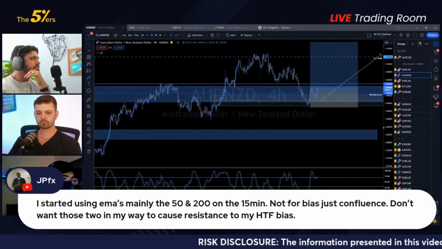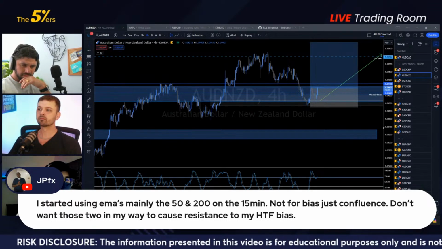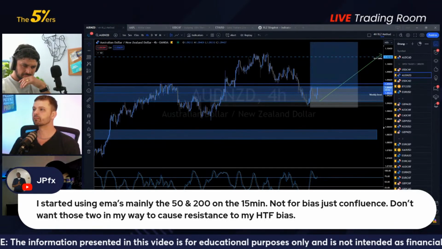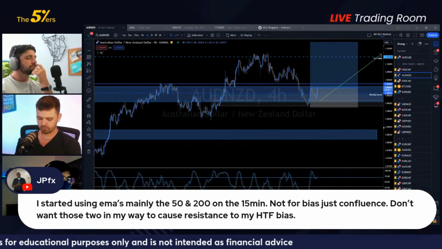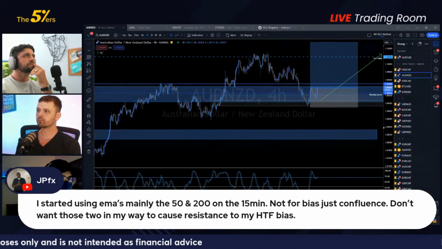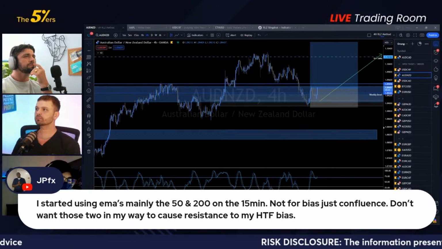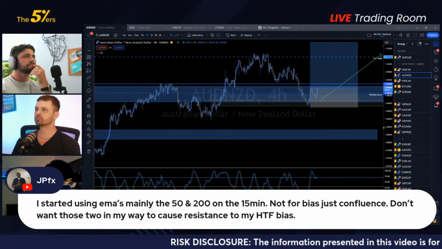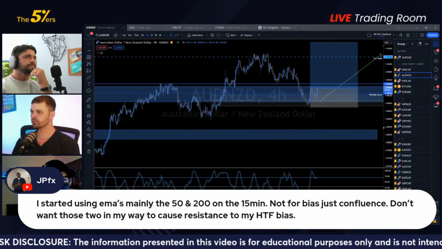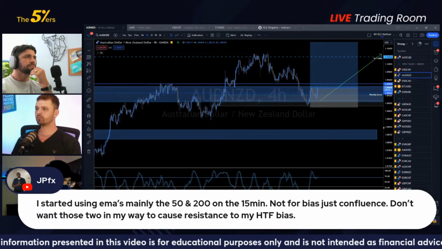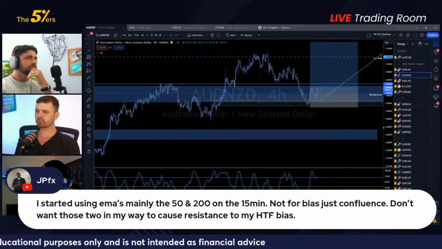On its own, like how they show it on BabyPips, where you get in at the cross and you close at the opposite cross, that's break even at best. So you gotta have more filters in, and different things, not just MA crossover. I haven't been able to make it work. That's why it's so popular, because it's very simple, but it doesn't really work.